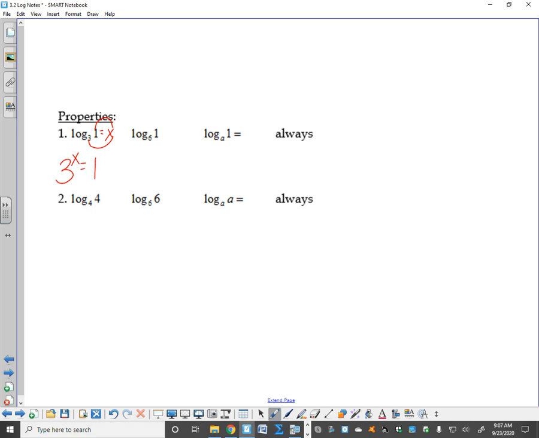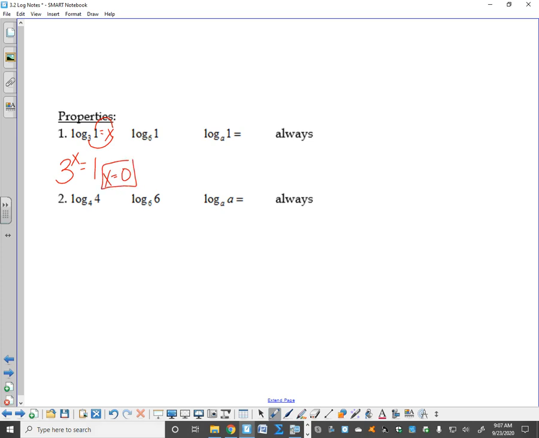Well, what power can I raise a 3 to and get a 1? Please don't say 1/3. I'm not multiplying 3 times 1/3. If you say 3 to the 1/3, that's the cube root of 3, and that's not a 1. What's a power that you can raise something to that'll make it a 1? That's a 0. Anything to the 0 power is a 1.